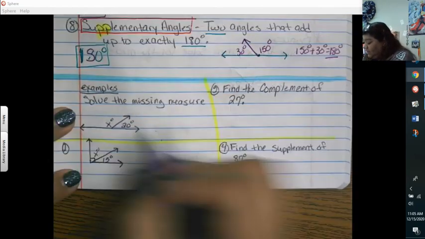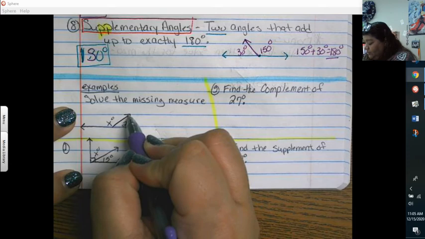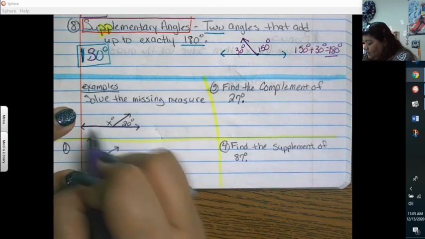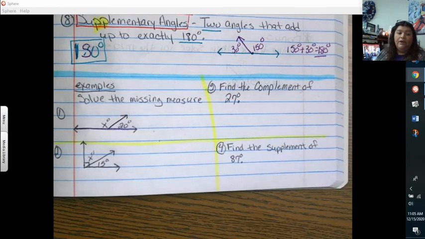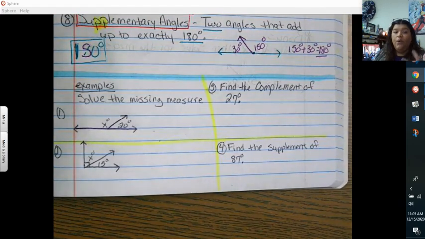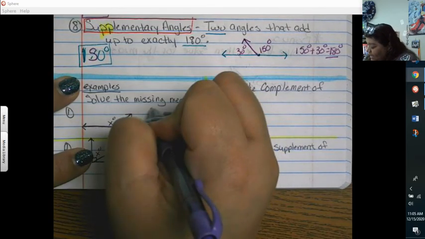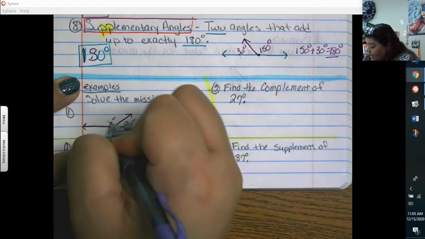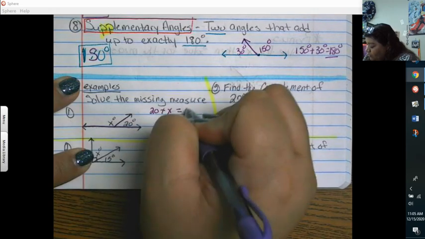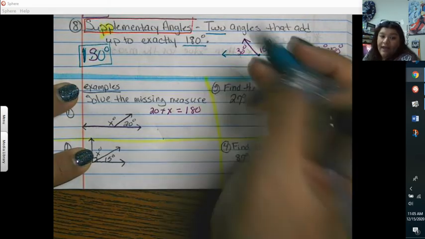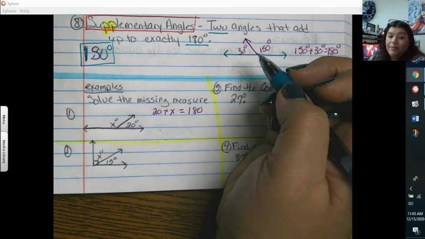So if you take a look here, don't look at the adjacent, don't look at the common ray, look at the end. It creates a straight angle. The straight angle is 180 degrees. So I know that when I add these together, when I add 20 and X, I'm going to get 180 degrees. So to solve for that, like we've been doing equations, you do the opposite.